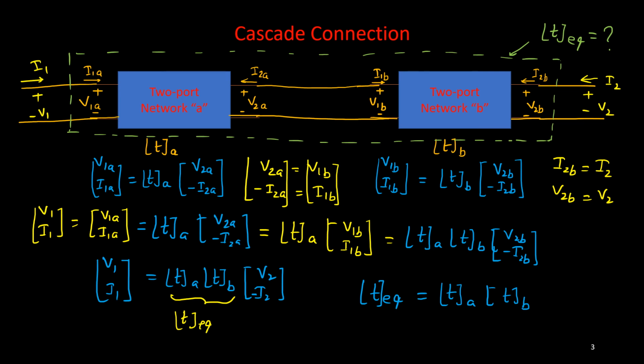So this is the outcome. If you take two networks in cascading mode, then the total equivalent T parameters will be T equivalent equals TA times TB. Just take the matrix multiplication of TA and TB.